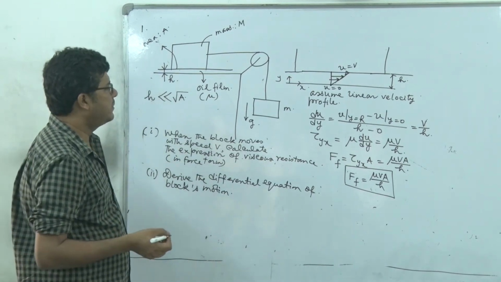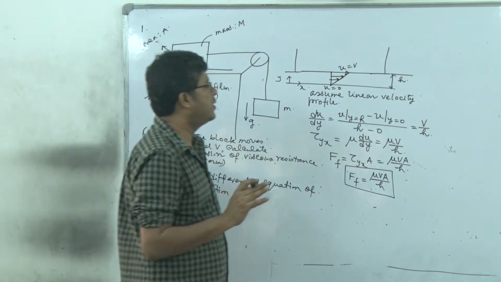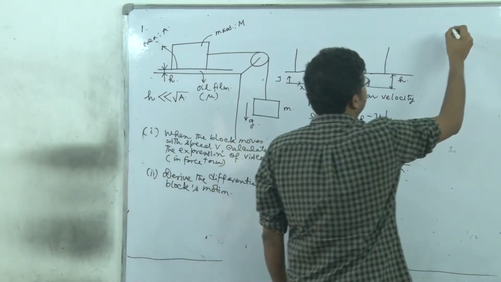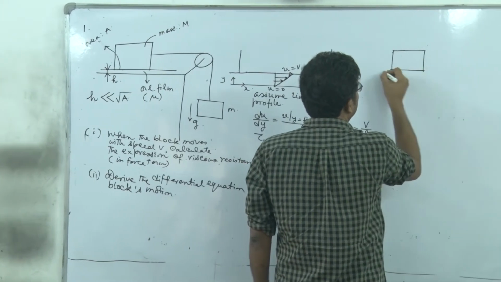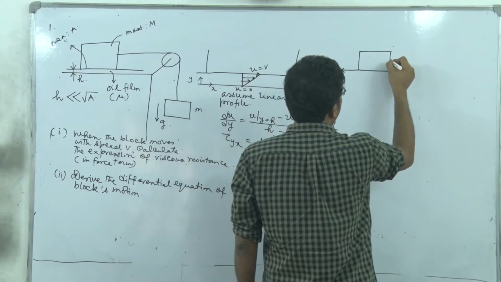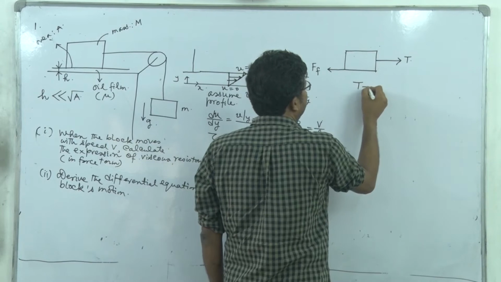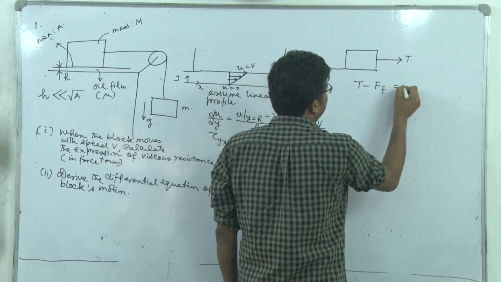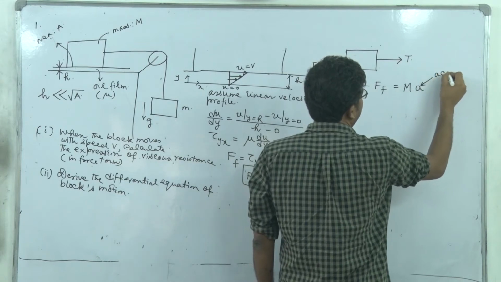If I have to derive this equation, we have to apply Newton's law of viscosity. This is the block. Let's draw the free body diagram. This is Ff, this is the tension of the cord. So you can write that T minus Ff is equal to M into a, where a is the acceleration.